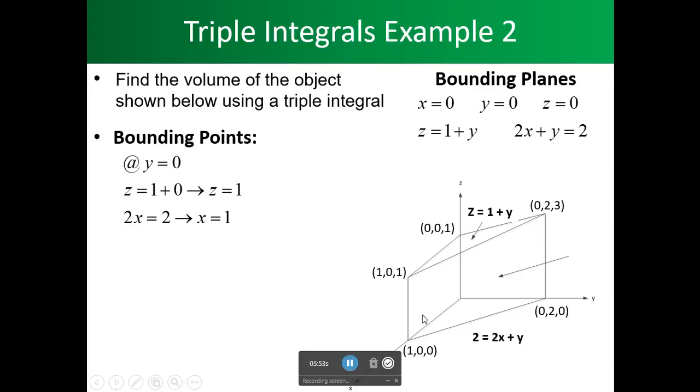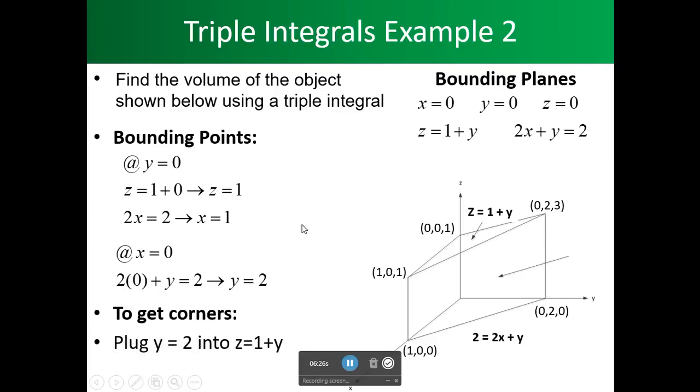Let's make sure we keep track of what points we have found and how we are bounded. When x equals 0, what happens? In our lower plane, because we don't have an x in the upper plane, we have y equals 2. Now, how to get the corners?